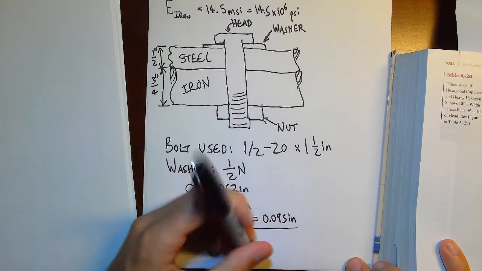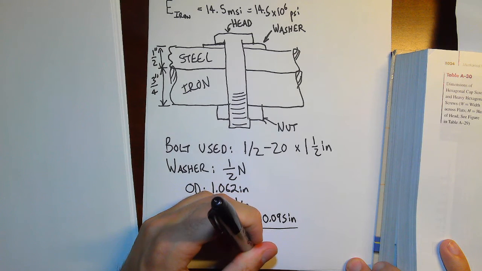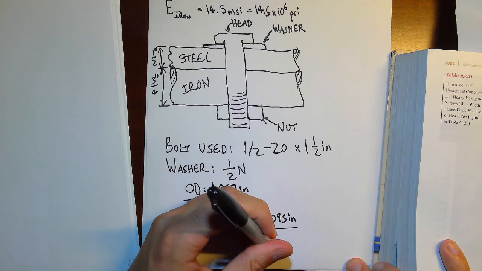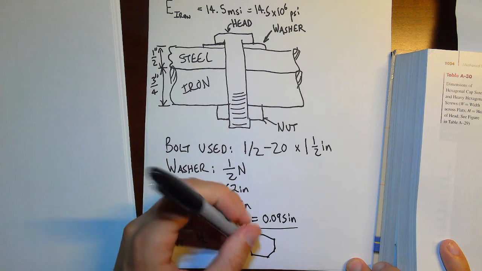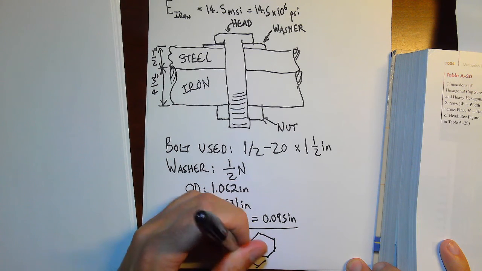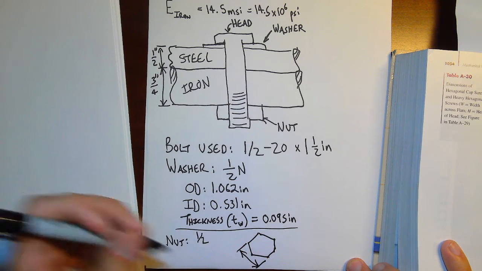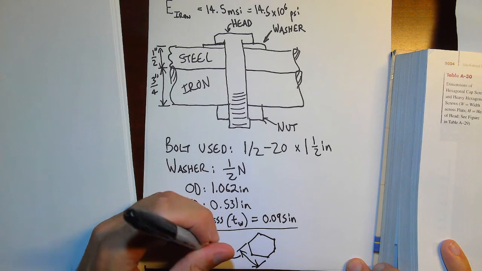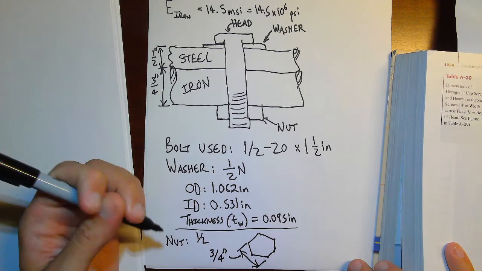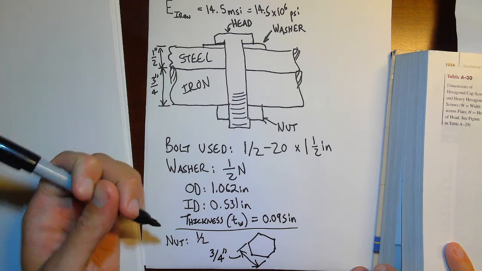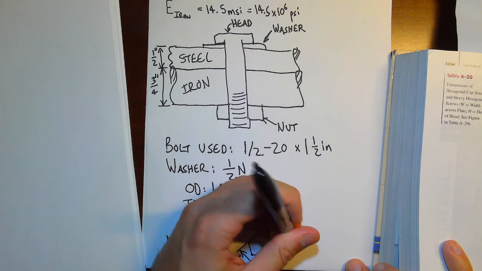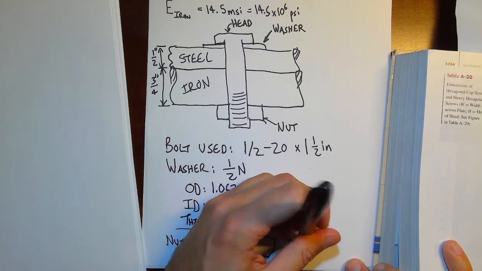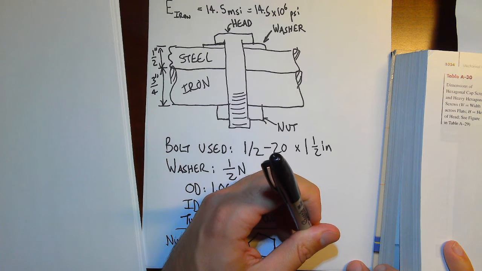It has a width, draw a hexagon, has a width of 3/4 inch. And it has a height for a regular nut of 7/16 of an inch.